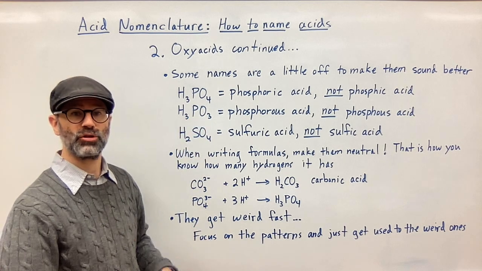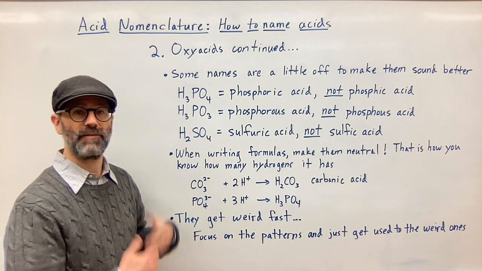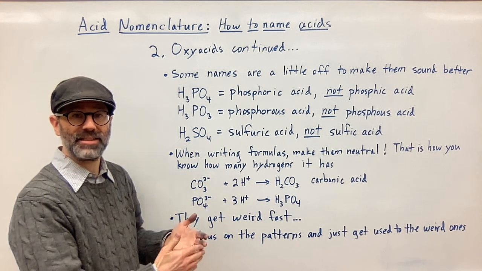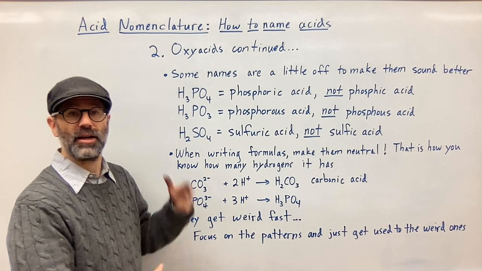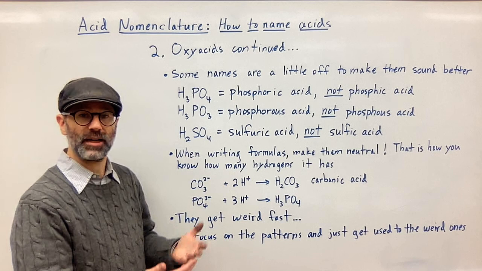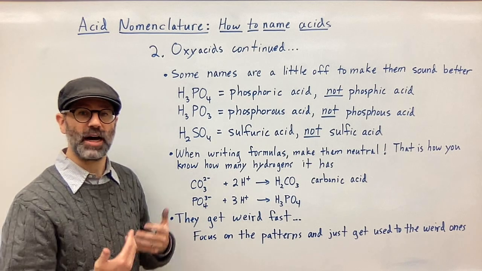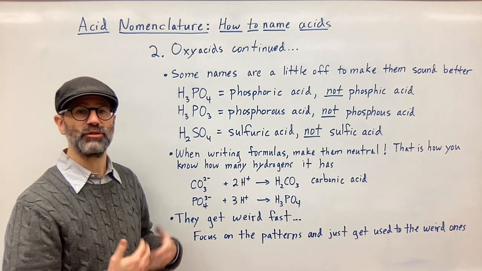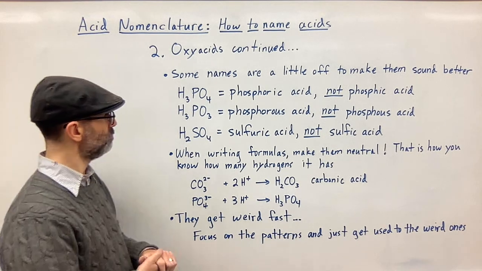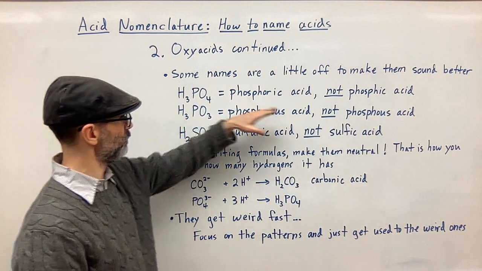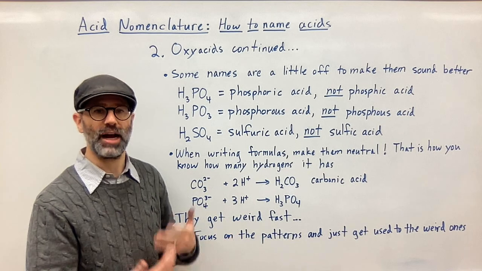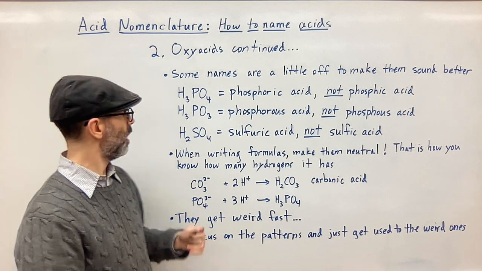Normally what you would do is just drop the ATE ending, and then add IC, and you get phosphic acid, but we don't name it phosphic acid, we name it phosphoric acid. So it just sounds better. So don't name this phosphic acid, it's actually phosphoric acid. It's one of those things you've got to remember how to name.